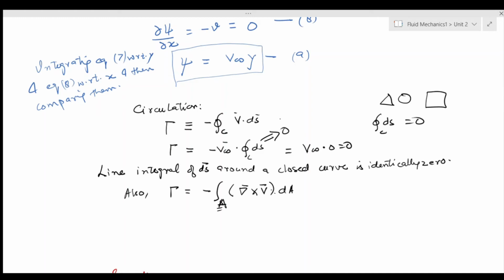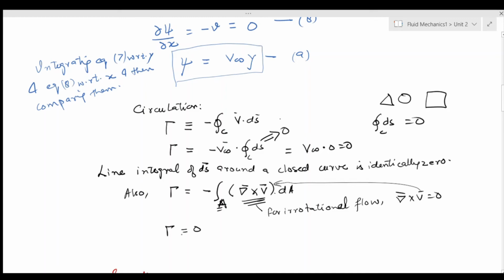Circulation can also be written in this way, and we already know that we have taken irrotational flow, and for an irrotational flow, del cross V is 0. If I put this back in here, then I would get my circulation to be 0. Meaning that circulation for this kind of case, a uniform flow, is 0.